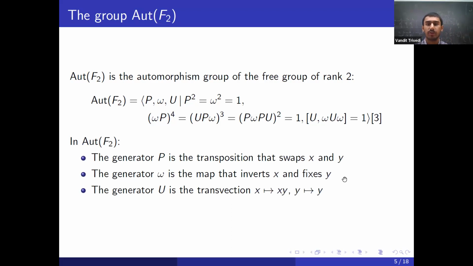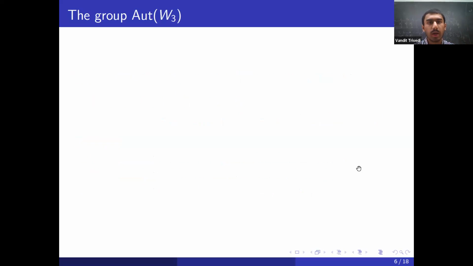And U is a transvection that sends, say, X to XY, and Y it leaves invariant. So obviously P and Omega have order 2, and then we get a bunch of other relations on the second line there. At first, this presentation might not seem very intuitive, which is what we'll see with that isomorphism, looking at an alternative presentation for Aut F2.